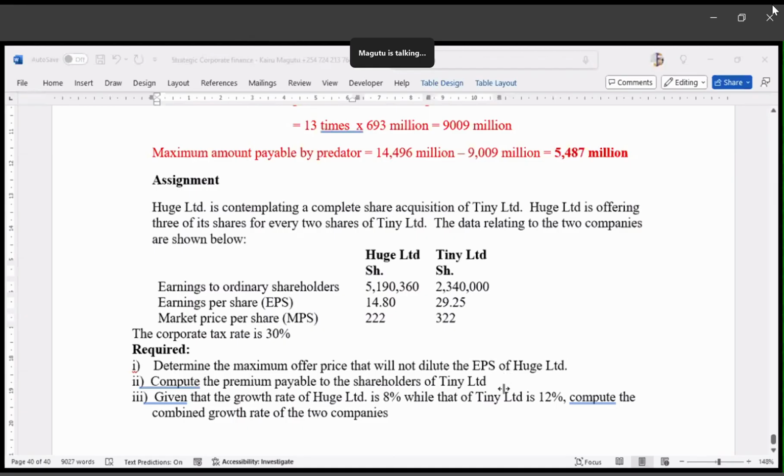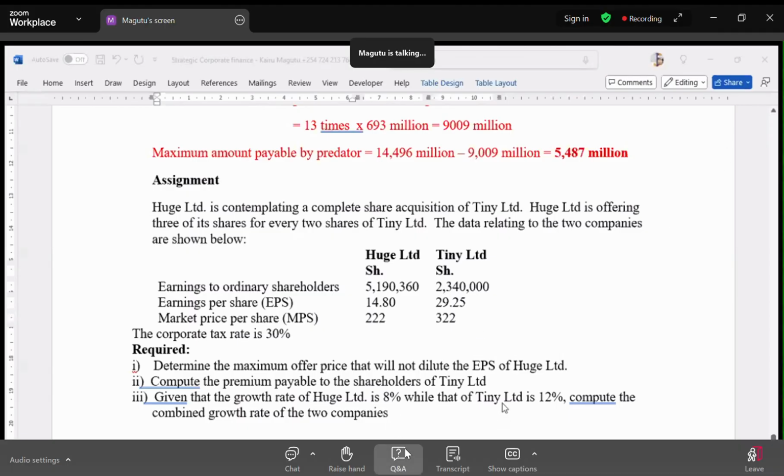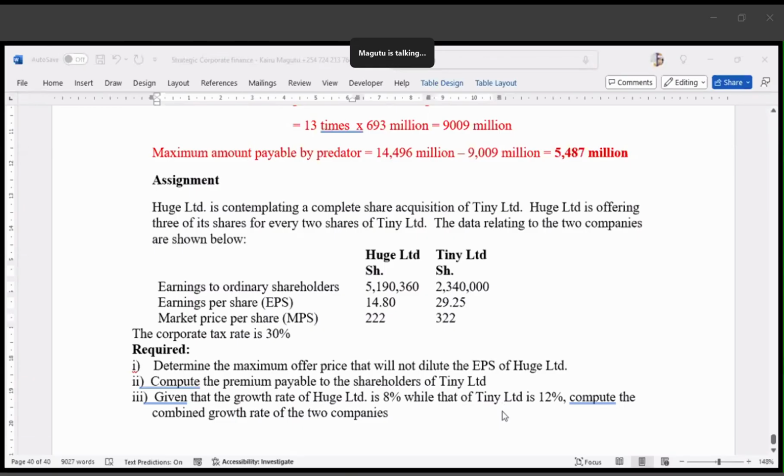Good. Someone says you don't have my number. Yes, I'm very sure you don't. But there are some who have. I don't know where they got it from. I want you to give us the hint when we are doing the question about merger and acquisition.